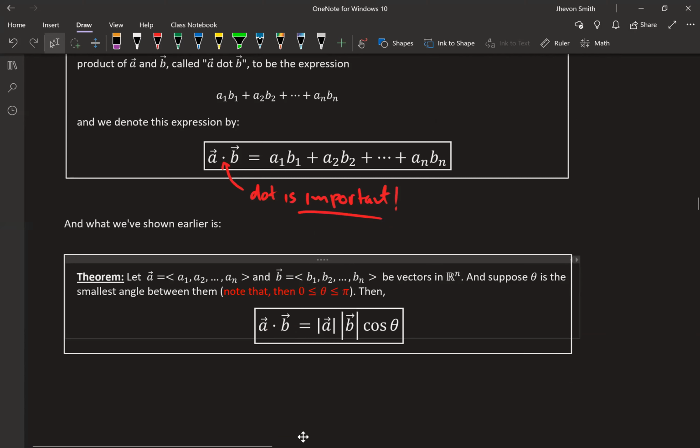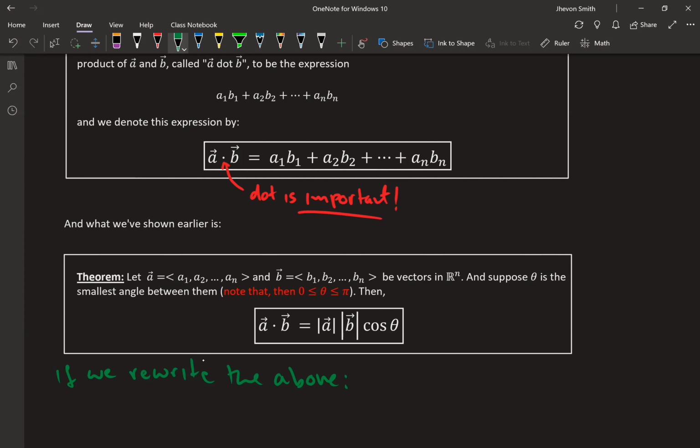Also, you can note that if we rewrite the above, we would have found that your cosine of theta was, remember, a1 b1 plus a2 b2 divided by magnitude of a, magnitude of b.